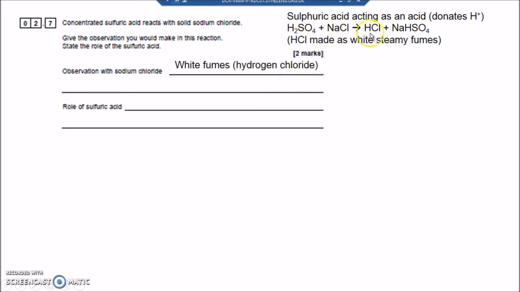Observation: white steamy fumes, hydrogen chloride. Role of sulfuric acid: an acid, because as we say, the concentrated sulfuric acid is not a strong enough oxidizing agent to turn Cl-, -1 oxidation state, into chlorine gas Cl2.